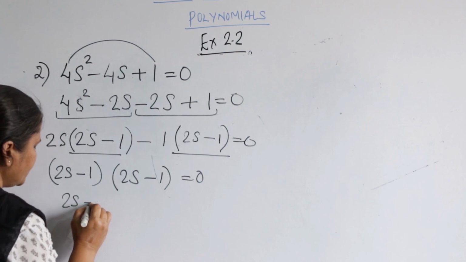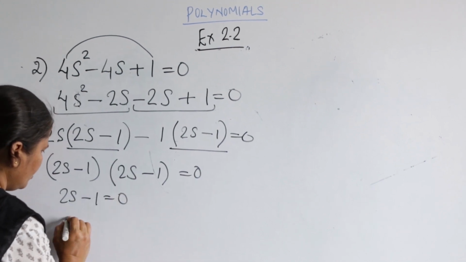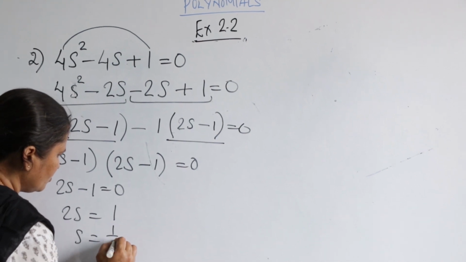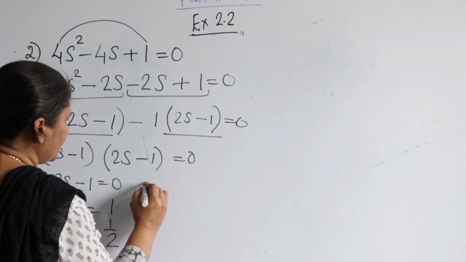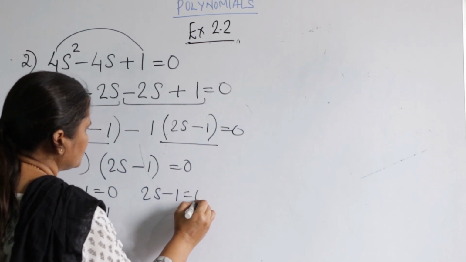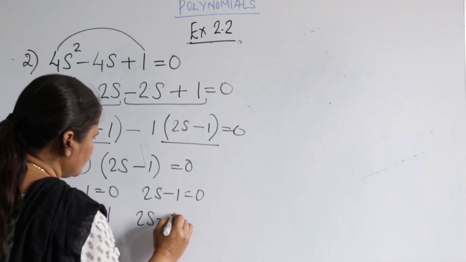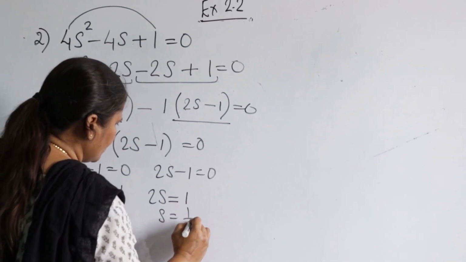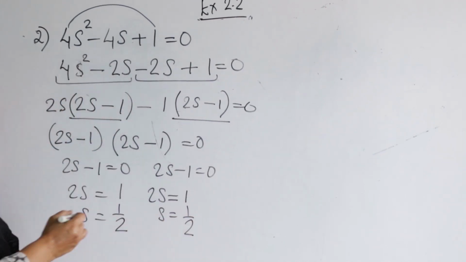So 2s minus 1 equals 0. 2s is equal to 1, s is equal to 1 by 2. Similarly, 2s minus 1 equals 0, 2s is equal to 1, s is equal to 1 by 2.